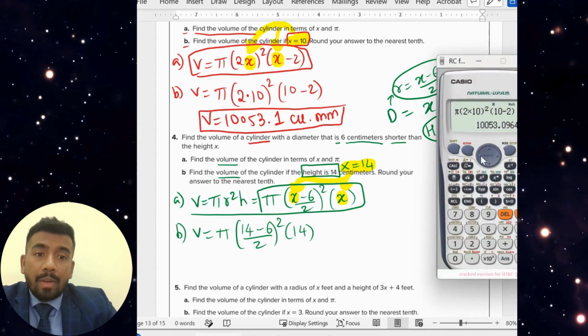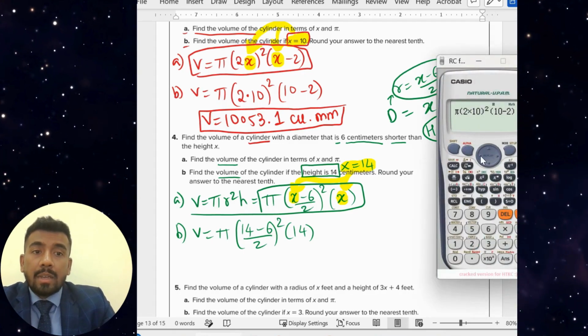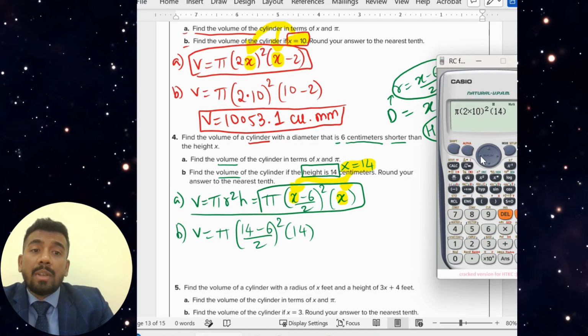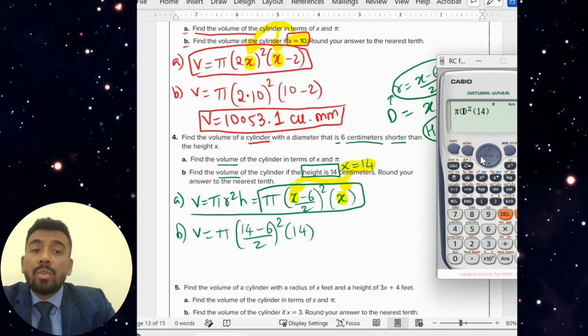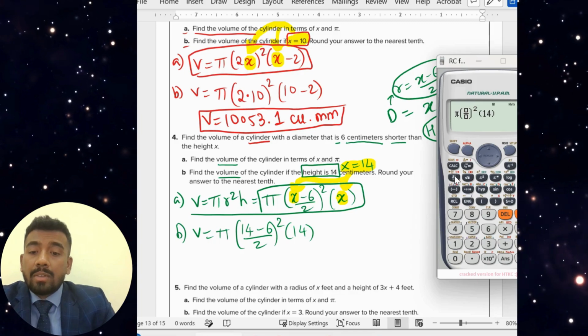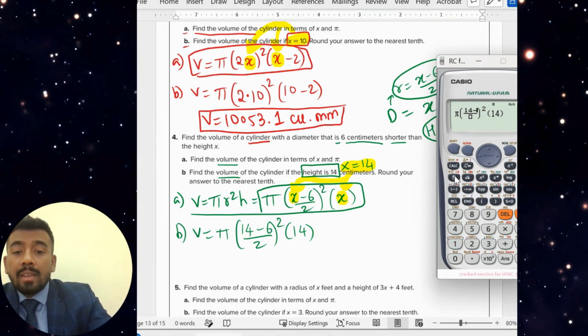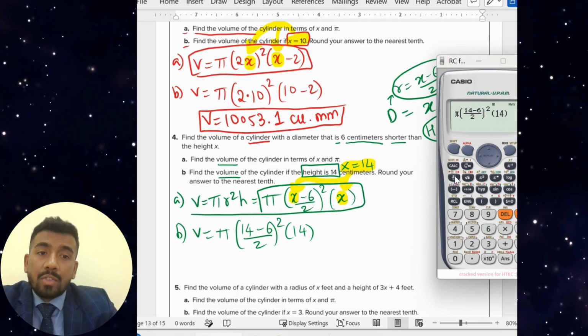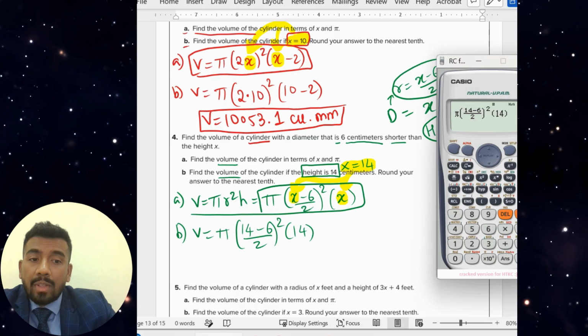You already have pi inside, delete it. Try to utilize as much as possible and use less time in the calculator. If it's already there, just utilize it and edit it. So 14 minus 6 over 2 and times 14.